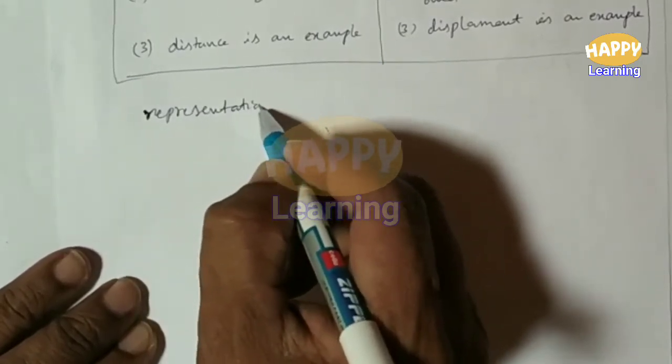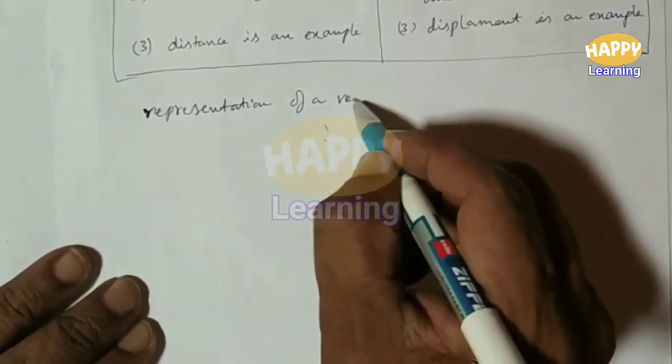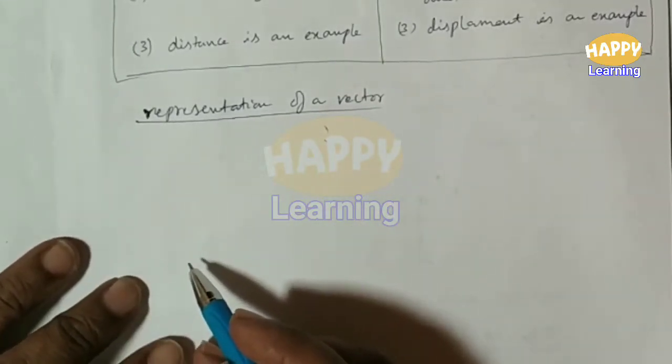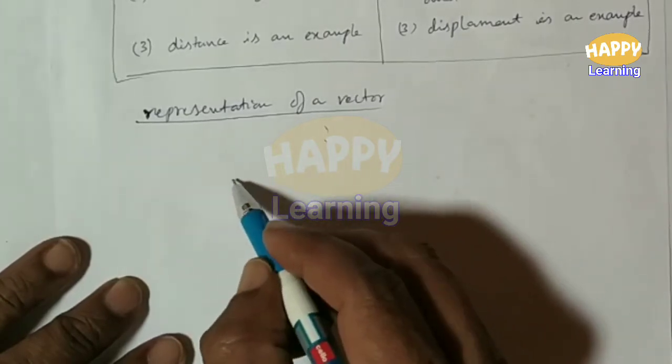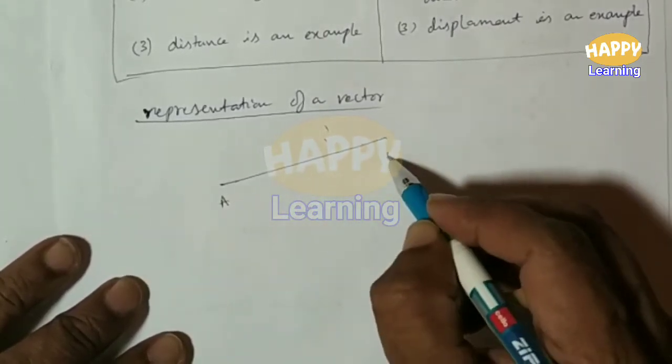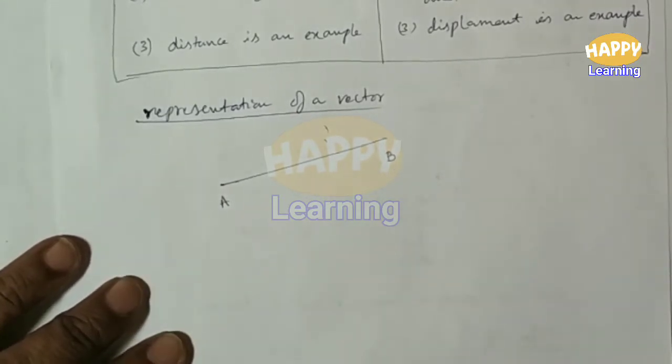Representation of a vector. Geometrically, on paper, on board, how do we represent a vector? A vector is represented by a line segment, let it be AB.